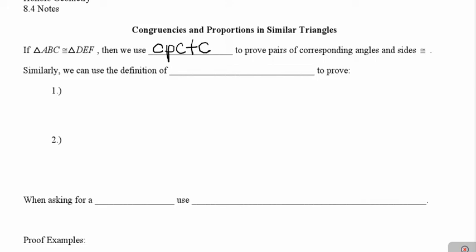Now, similarly, we can use the definition of similar polygons to prove one of two things. The first thing we know about the definition of similar polygons is that corresponding angles are congruent.